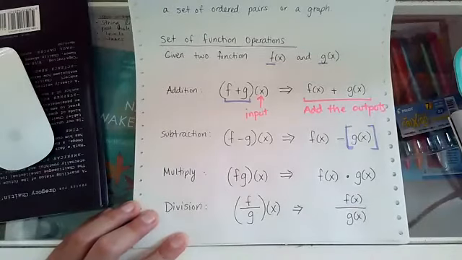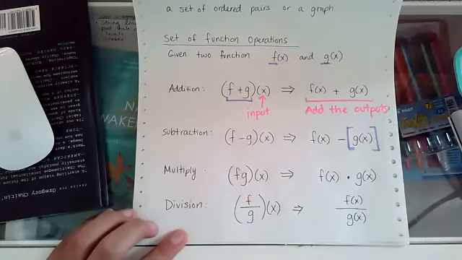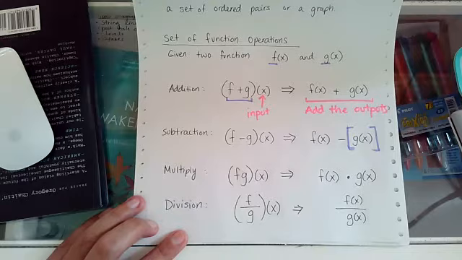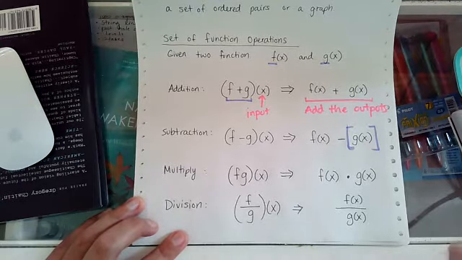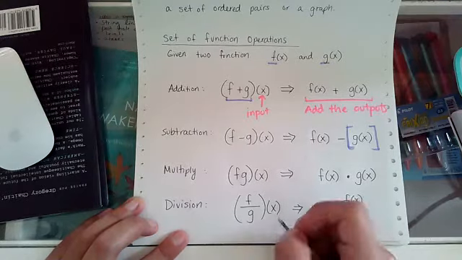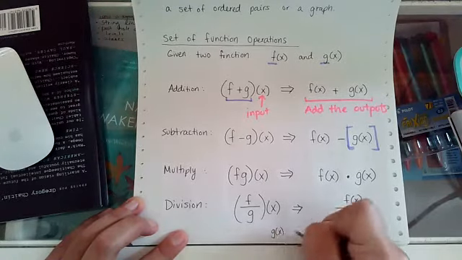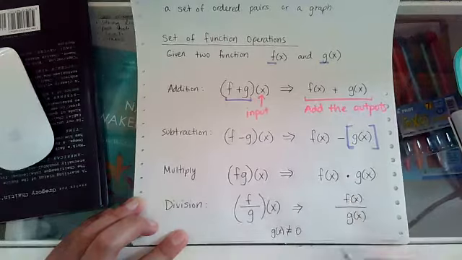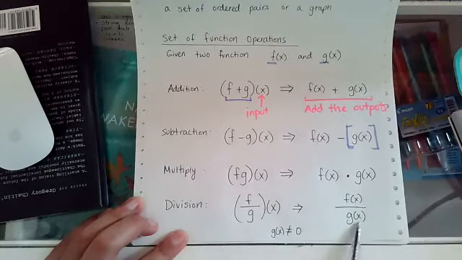If that's a fraction that can be reduced, then you reduce that fraction. But if it can't be reduced, then you just leave it as it is. Another thing that you'll have to watch out for is that sometimes g of x might be 0. And we don't want g of x to be 0 in this case because we can't divide by 0.